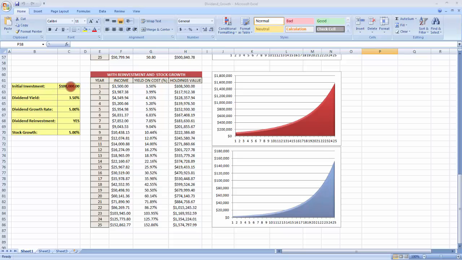Same $100,000 investment, same 3.5% dividend yield, same 5% annual dividend increase. We're still reinvesting the dividends, but we're going to assume that the stock grows at roughly 5% a year. So a $100 stock is now $105. The next year it's worth $111, something around there. And the total portfolio value is triple what it was without the growth.